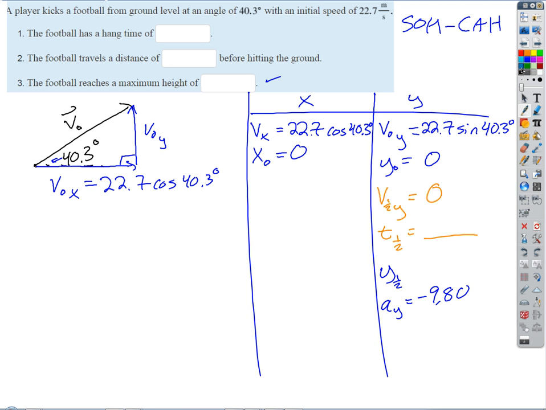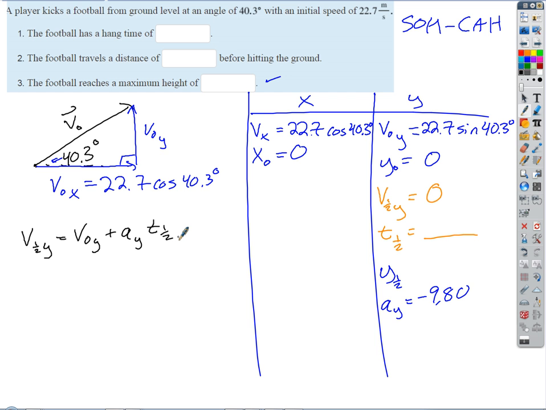So v final is going to be v sub 1/2, which equals v naught sub y plus a sub y times t sub 1/2.